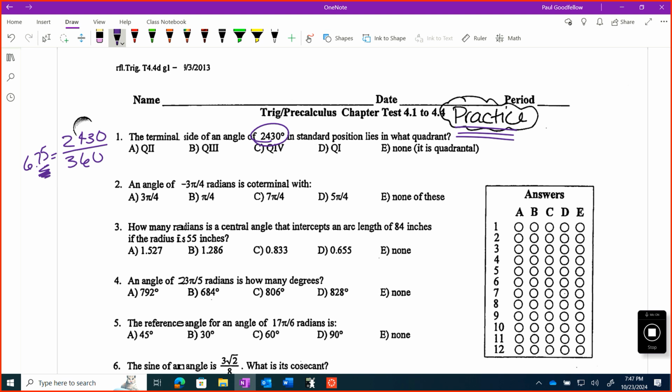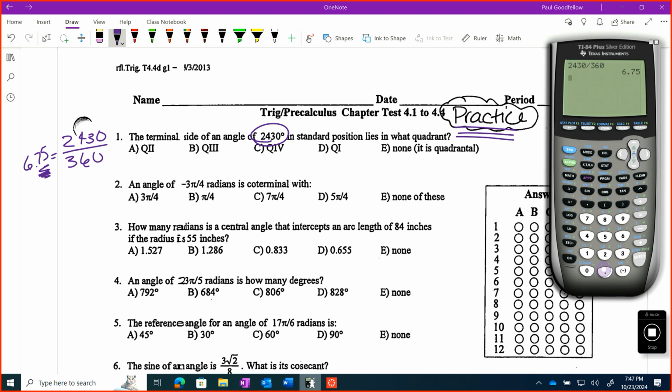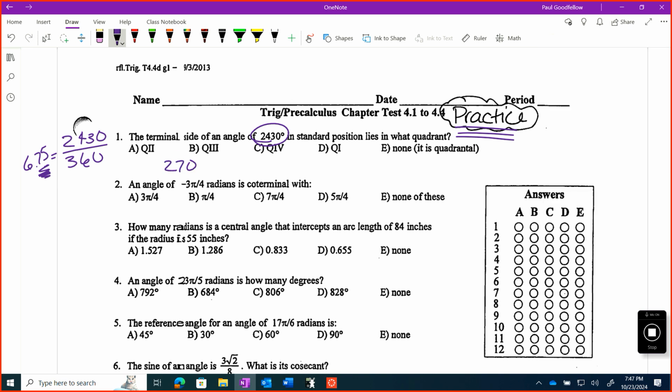So that extra 0.75 revolution, I could think about multiplying that by 360, and that would give me an angle of 270 degrees. And 270 happens to be on the quadrant. So ultimately, 270 would be straight down. It's not in first, second, third, or fourth. It's quadrantal. There's your answer for the very first one.